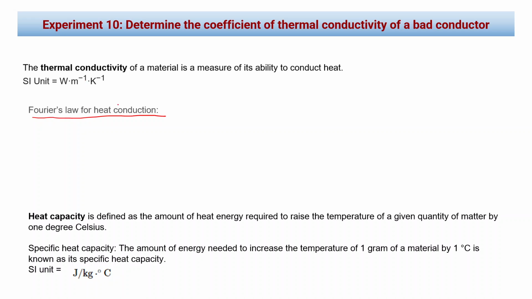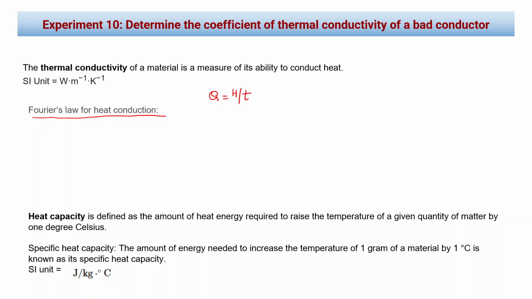According to Fourier's law, the heat transfer, if I represent the rate of heat transfer by Q, so I'm calling it rate of heat transfer, meaning heat transfer per unit time.